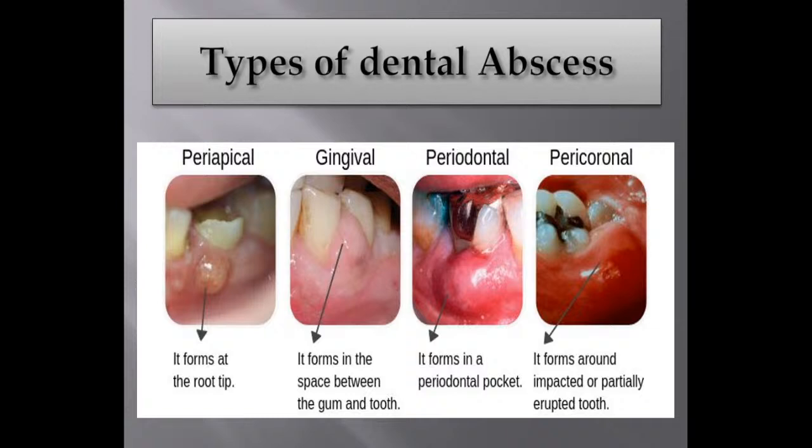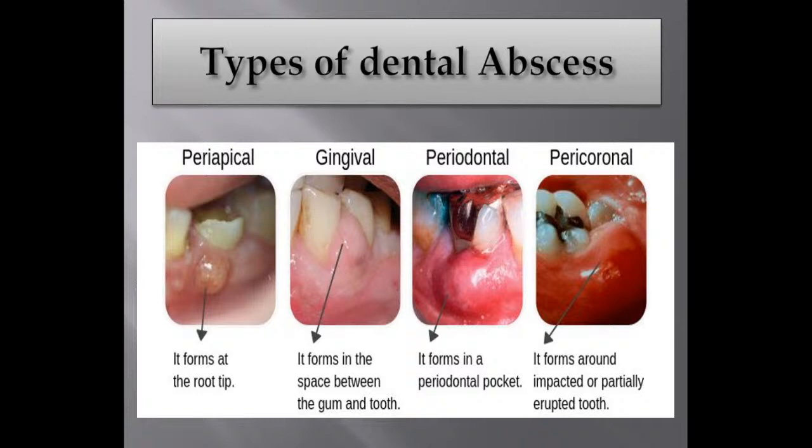What does gingival abscess mean? It forms in the space between the gum and tooth inside the gingival pockets. Liquid that forms inside the gums can easily drain out through these pockets. But sometimes, if it is blocked or clogged by food residue, for example, it can lead to a gingival abscess.